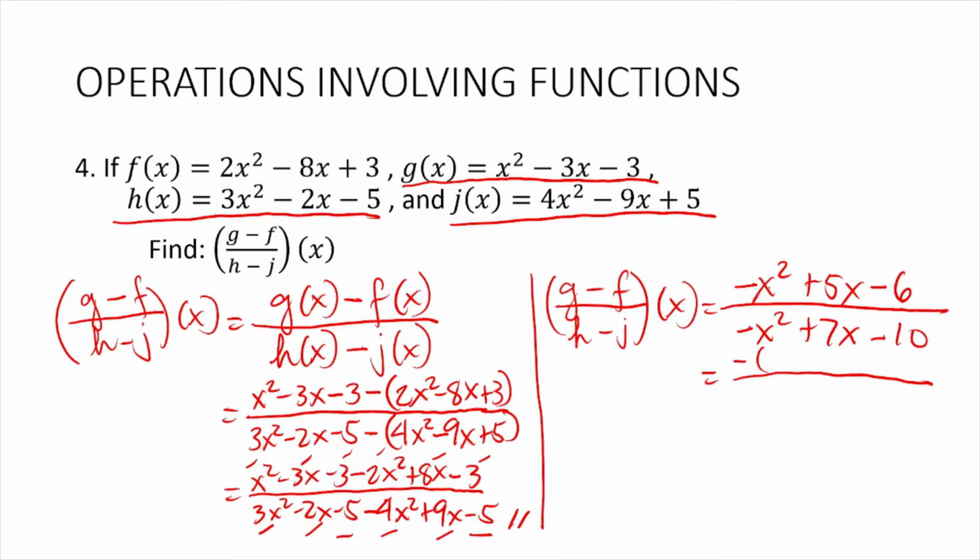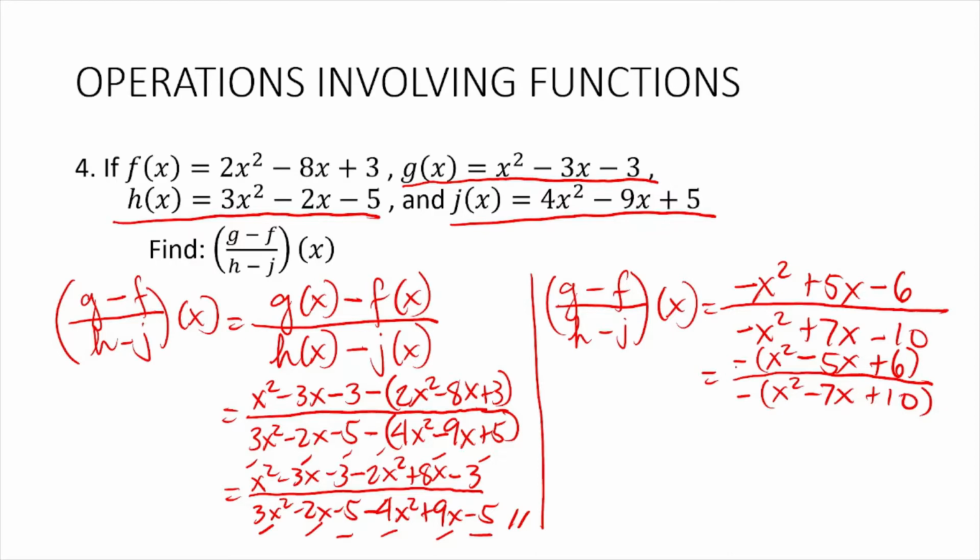So negative x squared, after factoring out -1, it becomes positive x squared. Okay. And then positive 5x becomes negative 5x, right? And then negative 6 becomes positive 6. Okay? Then we do the same thing on the denominator, factor out negative 1. So this gives us positive x squared, negative 7x, and positive or plus 10, right?